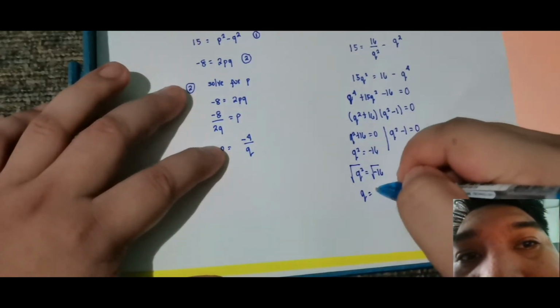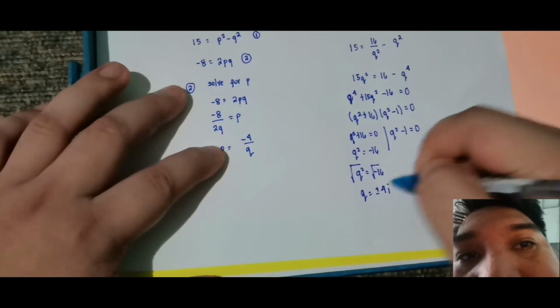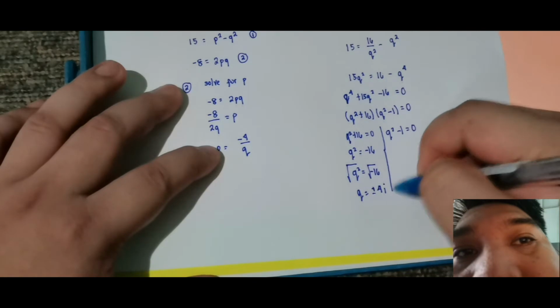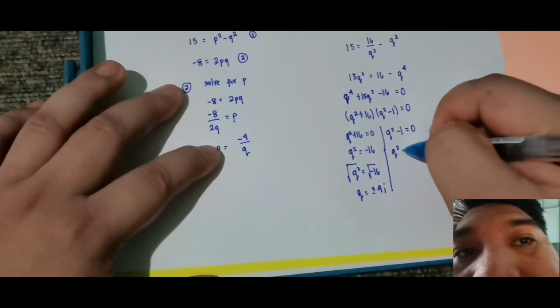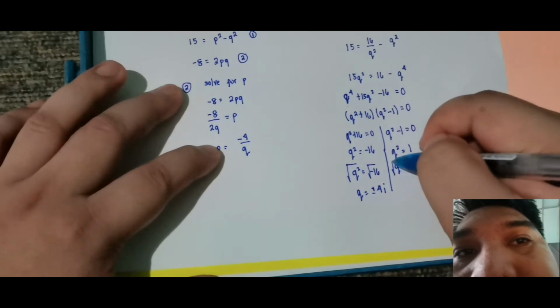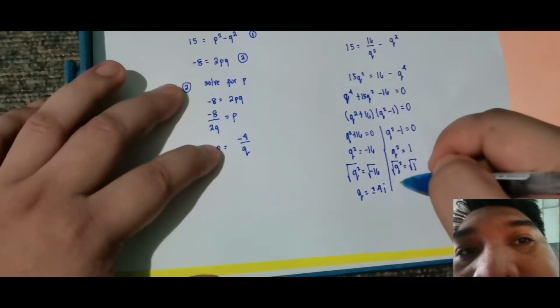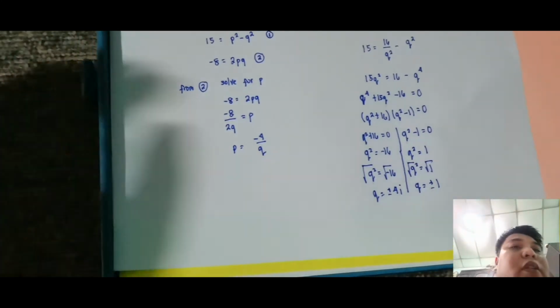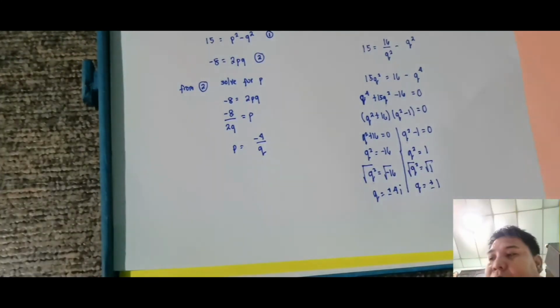Tama, that is positive and negative 4i kasi may negative dyan. Okay, then lastly, sa isa, Q squared is equal to 1, so Q is equal to the square root of 1, which is Q is equal to positive and negative 1. Okay, may value na tayo ng mga Q, actual value.